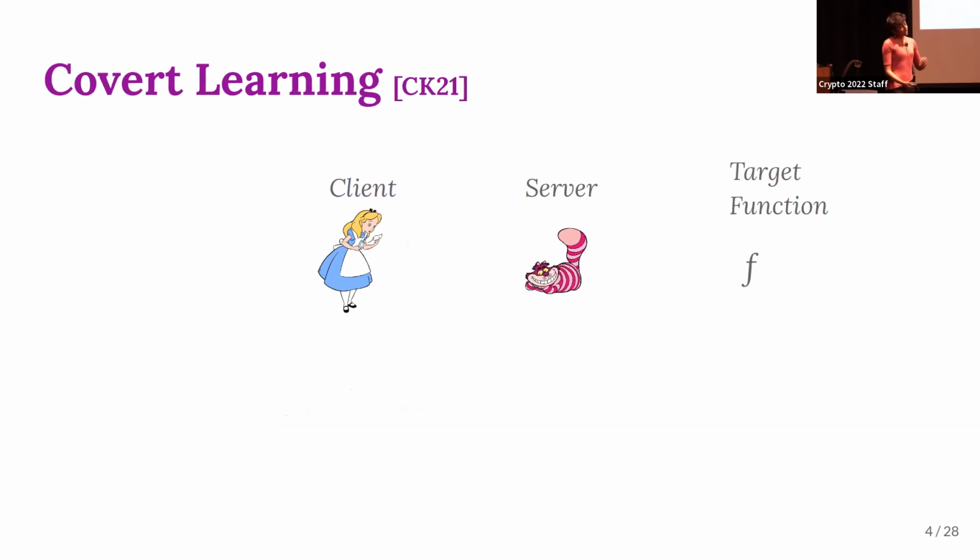Now we'll consider a setting in which the client does not have direct access to the target function, and instead there is an intermediary, which is a server. This server is restricted to forwarding queries from the client to the target function and forwarding the replies from the target function back to the client.